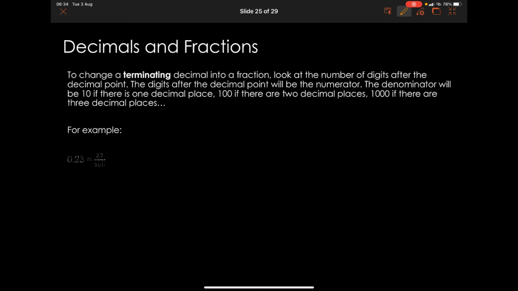So, for example, 0.23, okay, let's look at that one. The digits after the decimal point will be the numerator, what goes on top. Now, the denominator, okay, so let's say if I had 0.2, that's only got one digit after the decimal point. So the top would be the 2, the bottom would be 10.